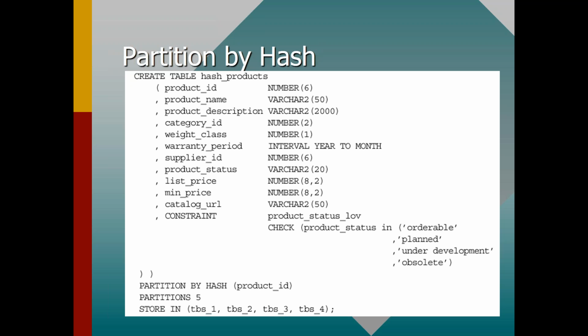If we are trying to get a range of values and use hash partitioning, it will be very slow. But if we are fetching one or two values, partition by hash is going to be very, very useful. The hashing algorithm that's implemented in Oracle is called linear hashing.